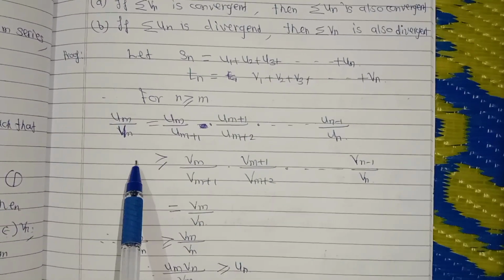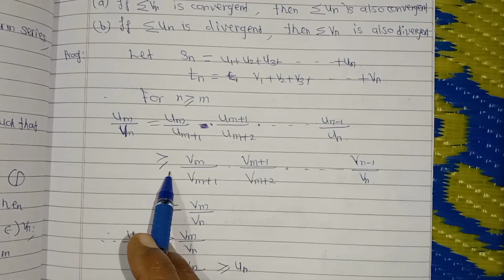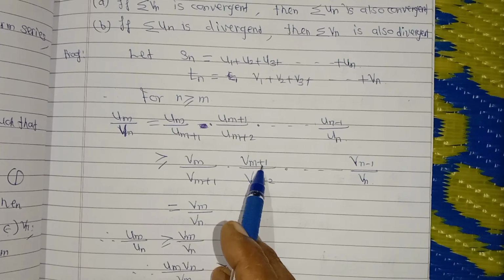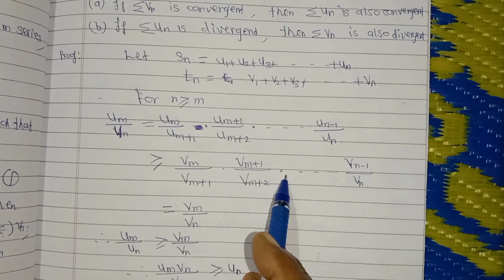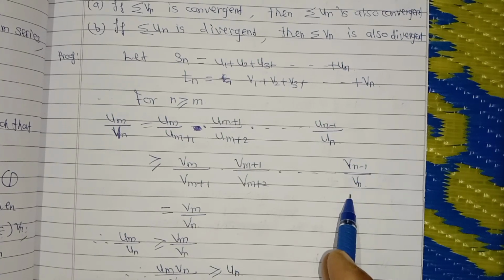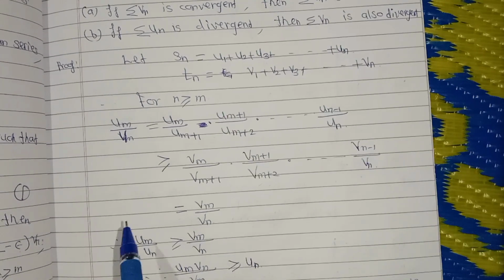Hence um upon un is greater than or equal to vm upon vm plus 1 into vm plus 1 upon vm plus 2 and so on up to vn minus 1 upon vn.